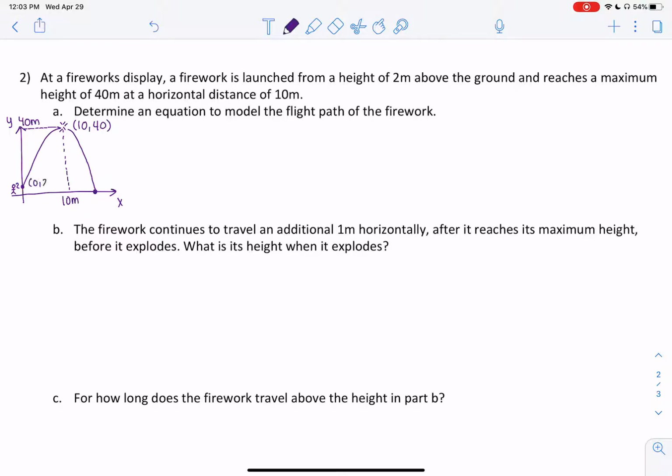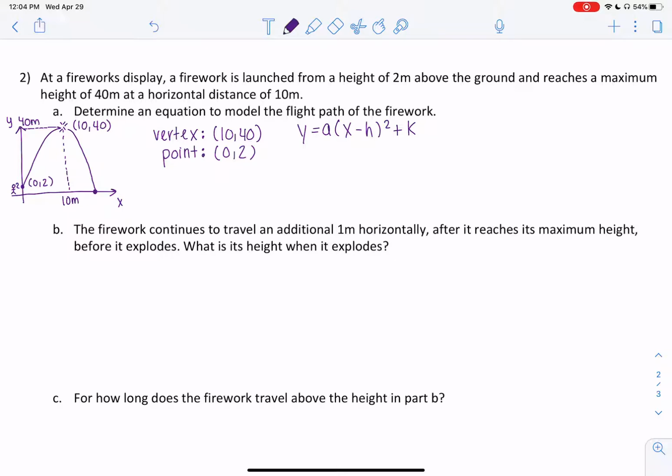And this little point over here that we're given is (0, 2). From last lesson, hopefully this seems familiar: we're being given the vertex, and we're being given a point. Our goal is to fill in our equation, so we're looking for y equals a(x minus h) all squared plus k.